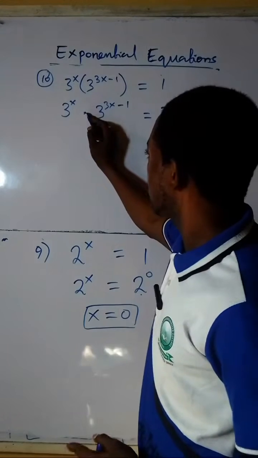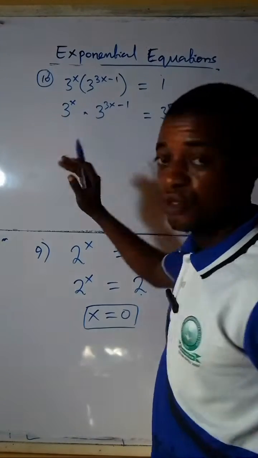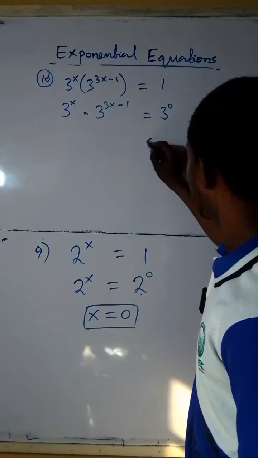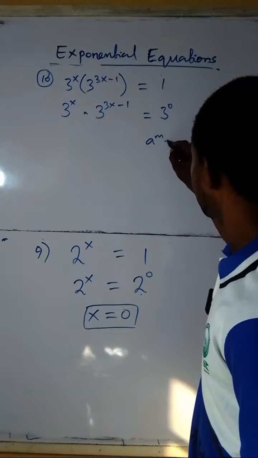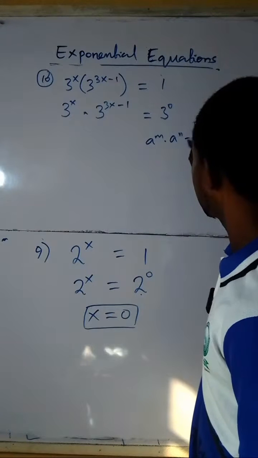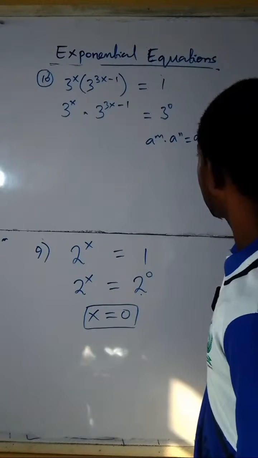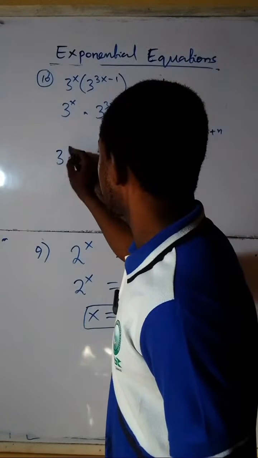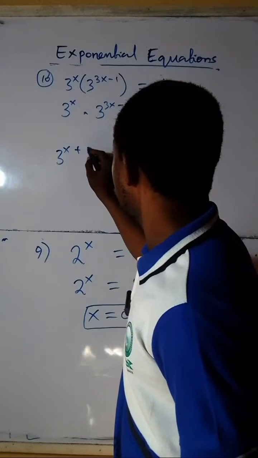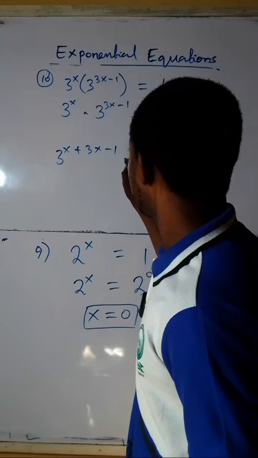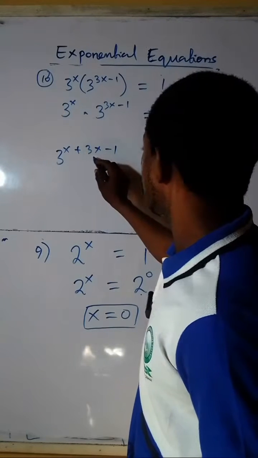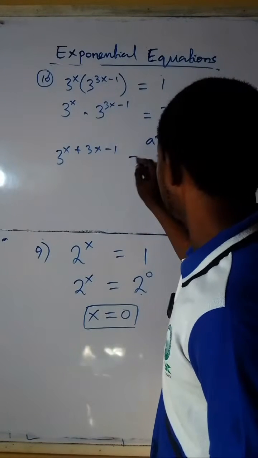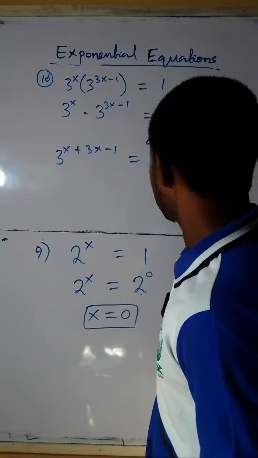Then here we can add these powers, because of same base multiplying, the law of indices. When we have a raised to power m times a raised to power n, this is the same thing as a raised to power m plus n. Then here we have 3 raised to power x plus 3x minus 1 equals 3 raised to power 0.